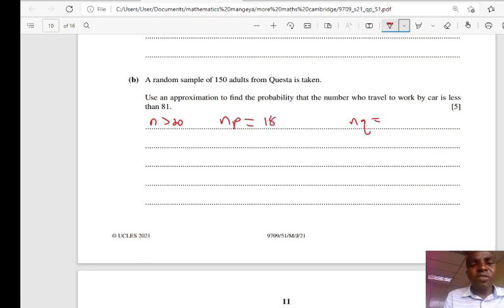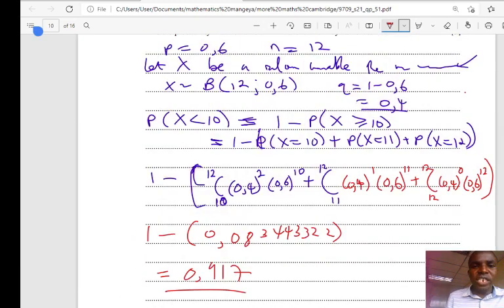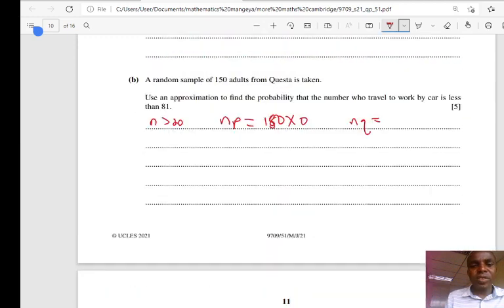np is 150 times p, which was 0.6. 150 times 0.6 is 90. Greater than 5, so you can use a normal approximation to the binomial distribution. Then nq is 0.4 times 150, which is 60.